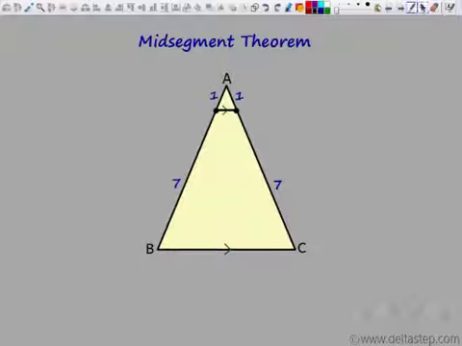Let's say that these points are D and E. So if you have a triangle in which one parallel side is cutting the other two sides at points D and E, then the basic proportionality theorem states that it would divide the triangle into equal ratios. So you have 1 by 7 and here also 1 by 7. Now let us try to prove this theorem.